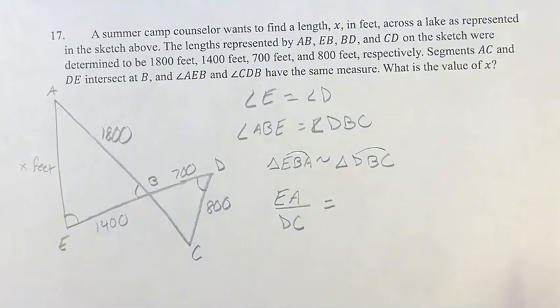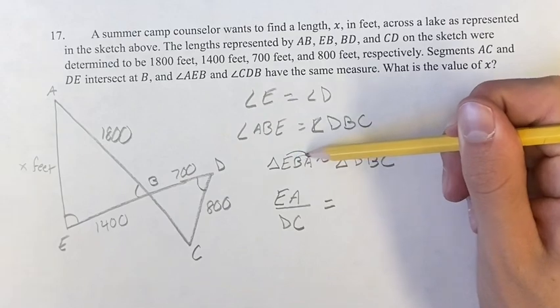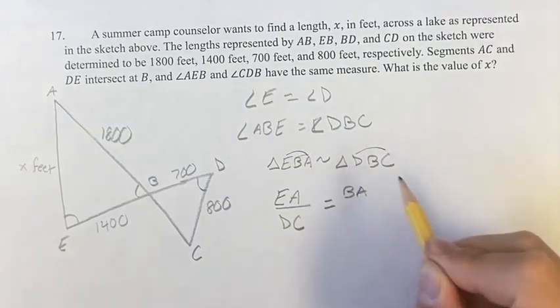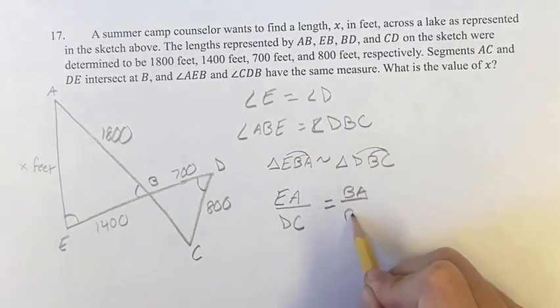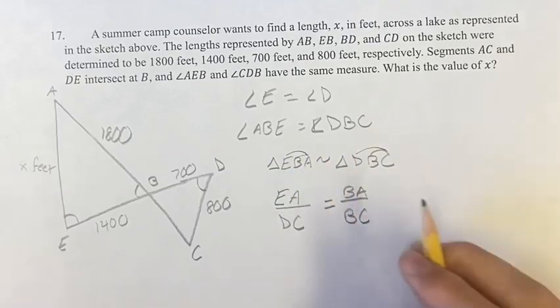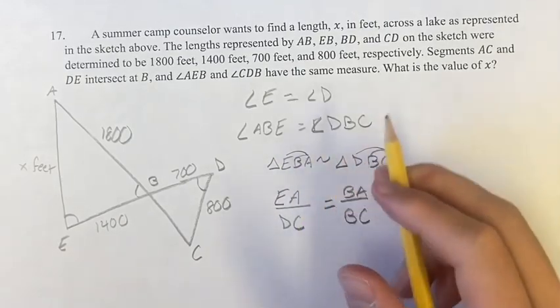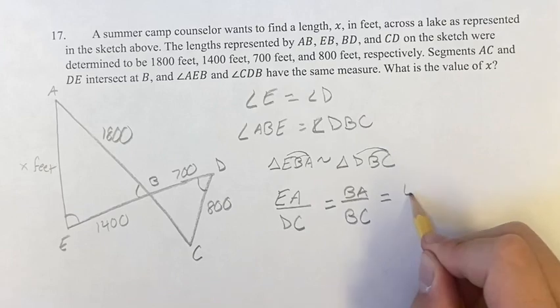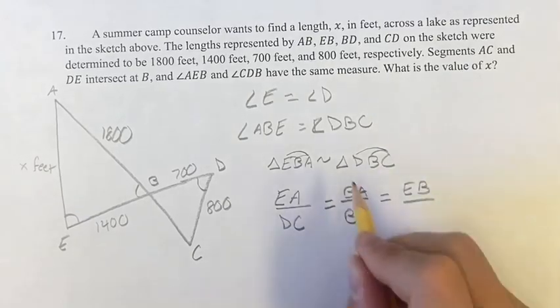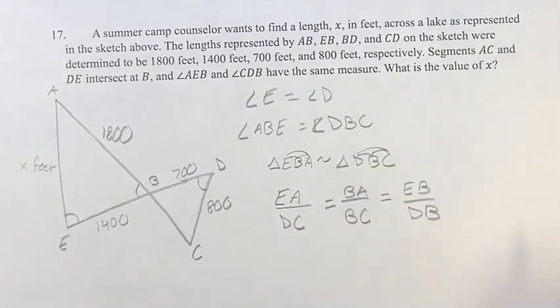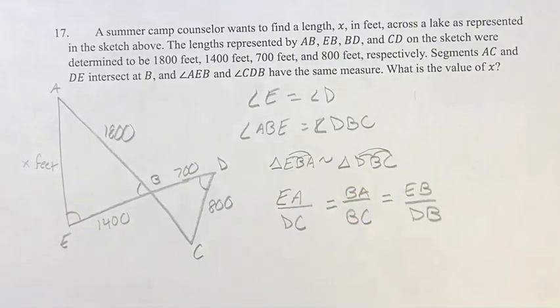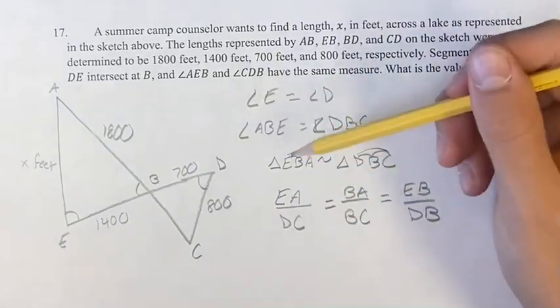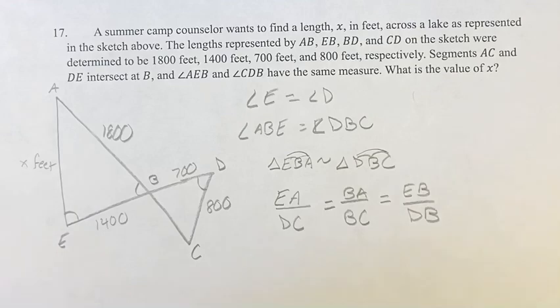This is going to be equal to a ratio of other corresponding sides. So we have BA over BC, corresponding the second and third angles. And we have EB over DB. So these are the three pairs of corresponding sides that we got by pairing corresponding angles to each other.